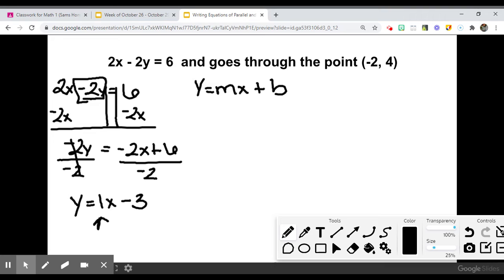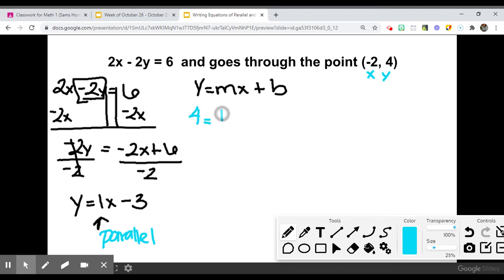Okay, so let's first do a parallel slope. For a parallel slope, let's remember that the slope has to be the same, which means that the slope is the same. And then we're going to plug in our x, and we're going to plug in our y. So our y value is 4.